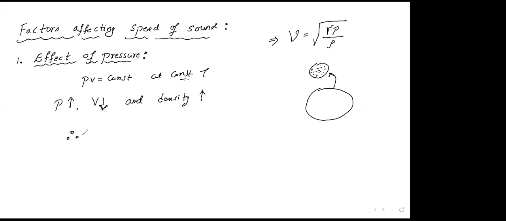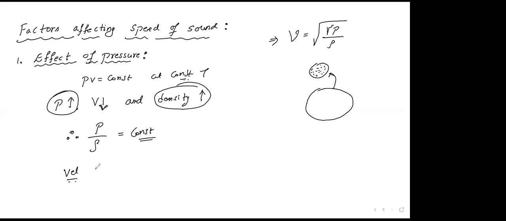Hence, if you take the ratio P by rho, it remains a constant. Therefore, we can say that velocity of sound is independent of the pressure. It is not affected by the pressure of a medium. So this is the conclusion.